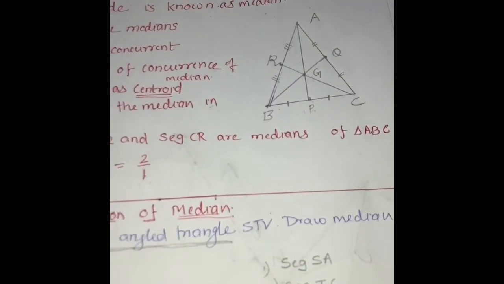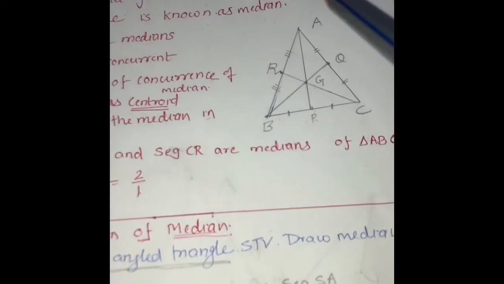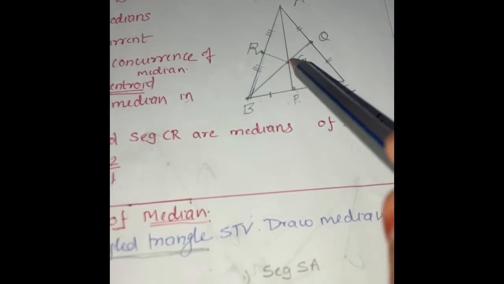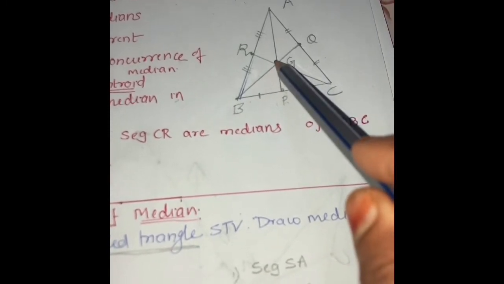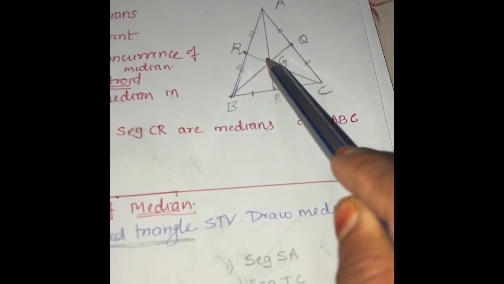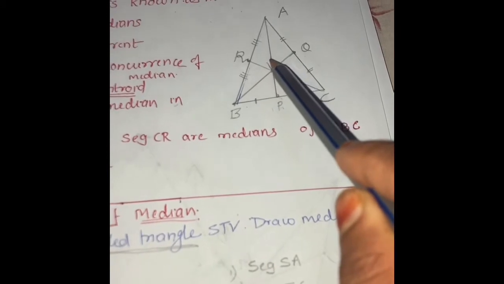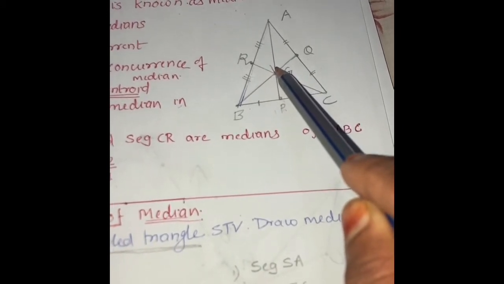There are three medians, that is why we call medians concurrent. The point of concurrence of the medians, where all three medians pass, has been given a special name, and that name is centroid.